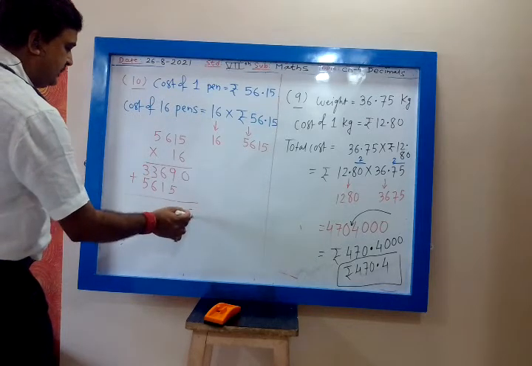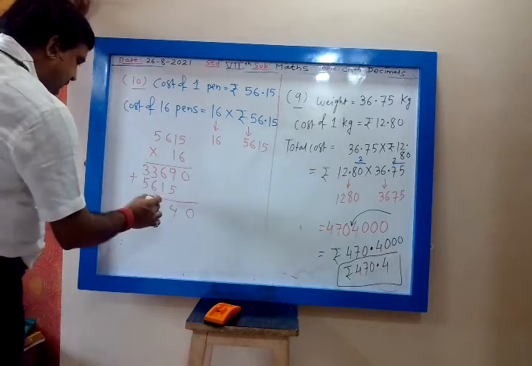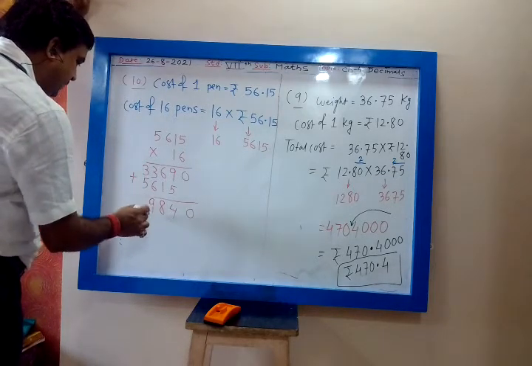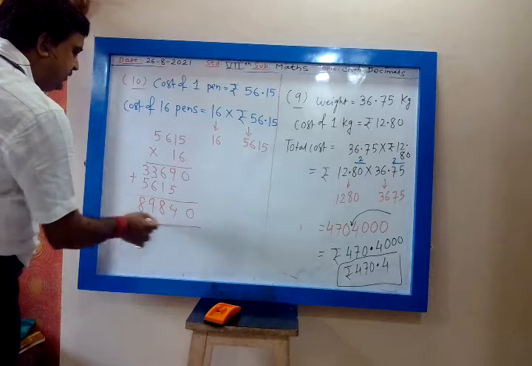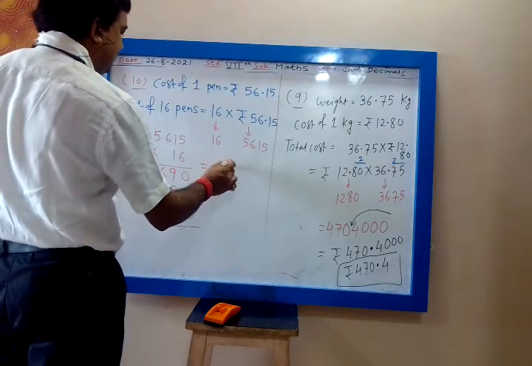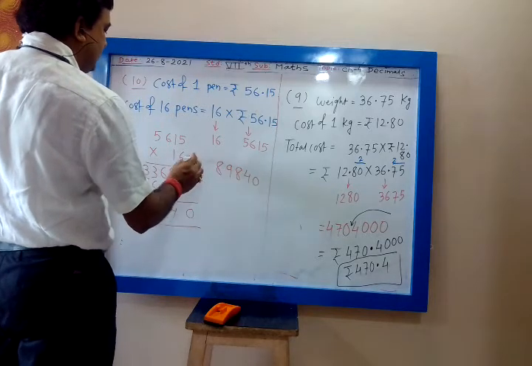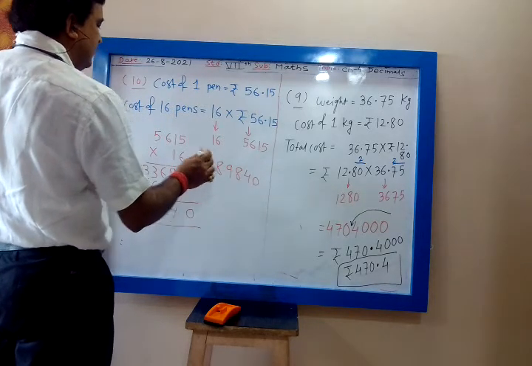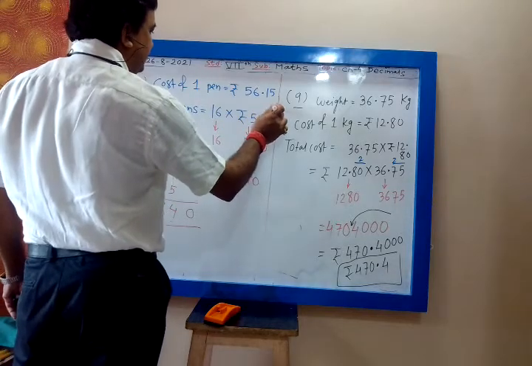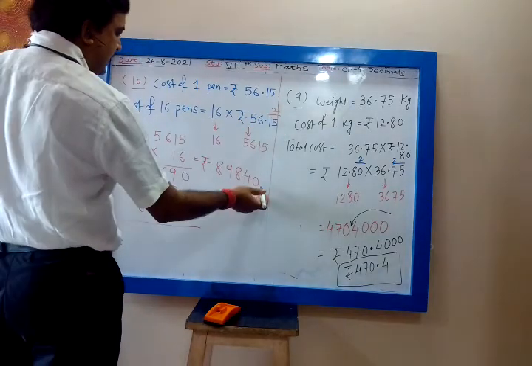So the answer is 89840 rupees. Then you will place the decimal after 2 digits. So move from right: 1, 2.